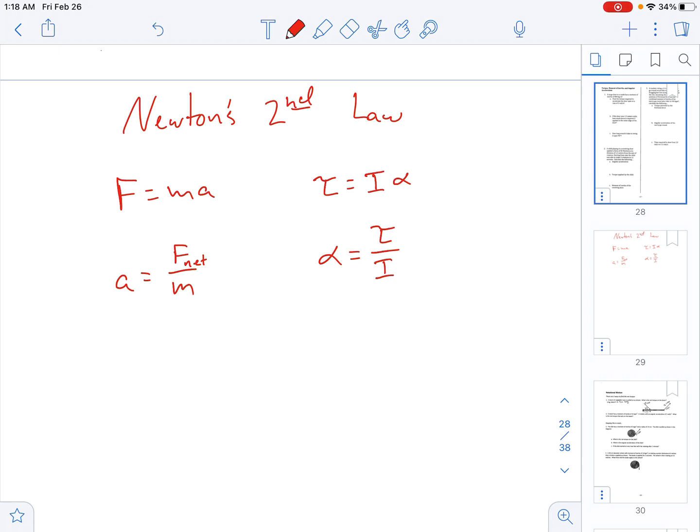What this does is it allows us to see the relationship between these two variables, torque and rotational inertia, and the relationship with alpha.